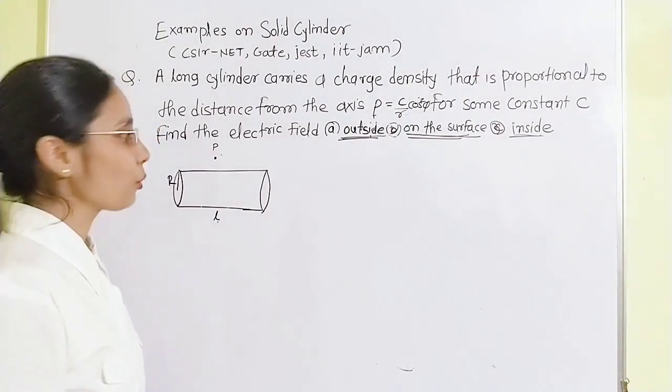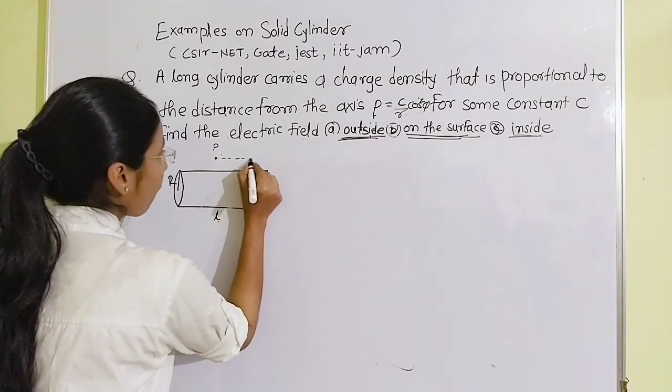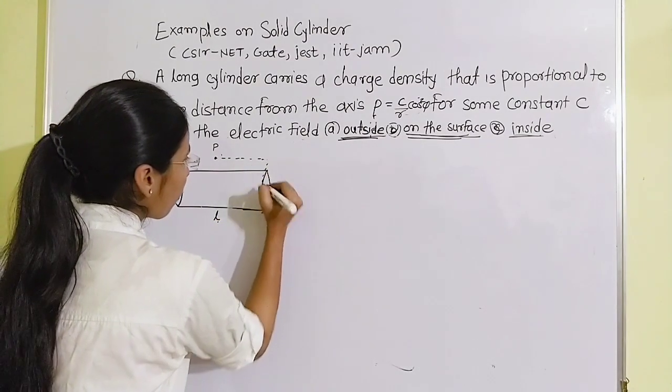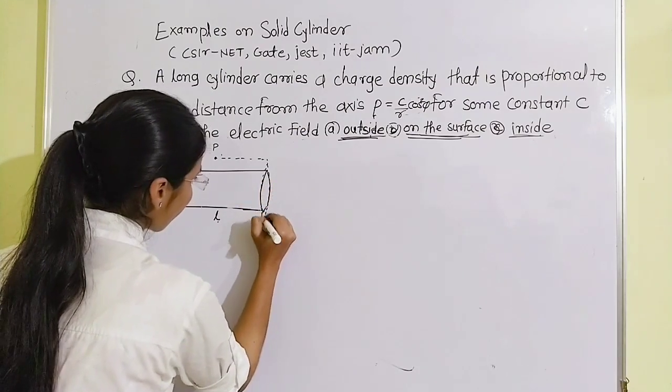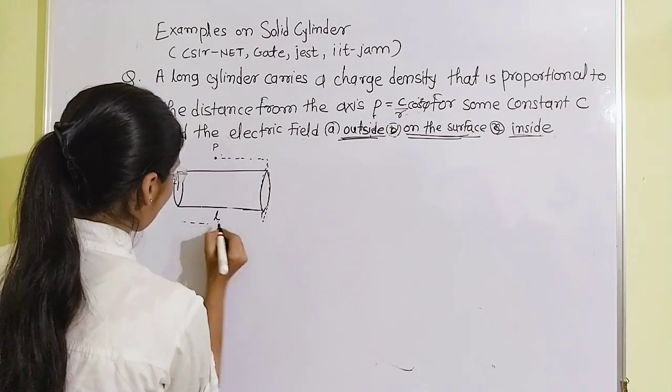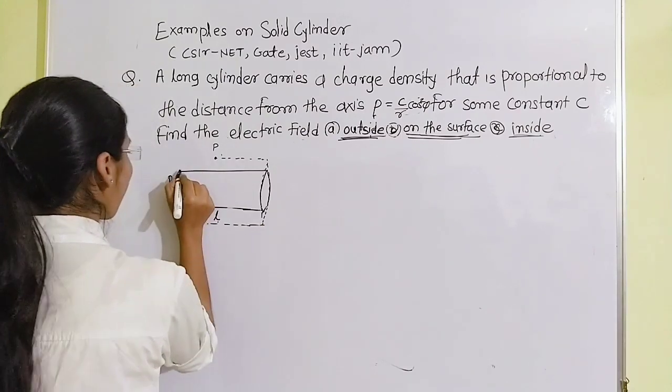So first we have to draw the Gaussian surface. So for that, draw this Gaussian surface. This is the Gaussian surface.